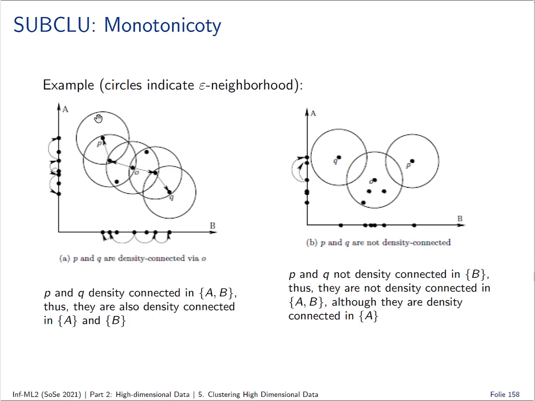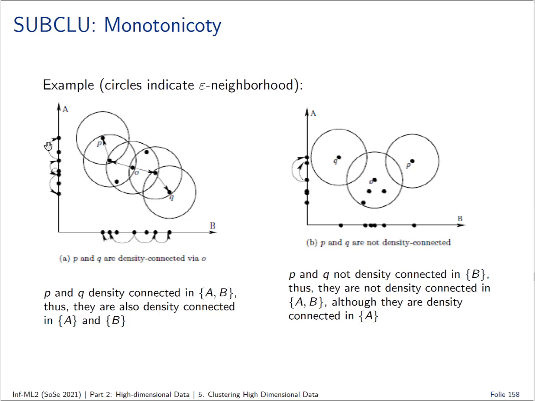Then this connection, of course, if you project all the epsilon neighborhoods with the same epsilon, because the epsilon is fixed, and also the minPts is fixed, then of course we get the same connections in both projections, obviously.